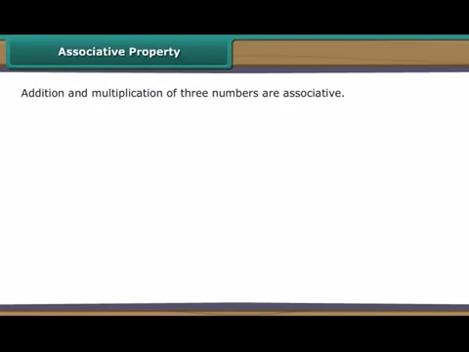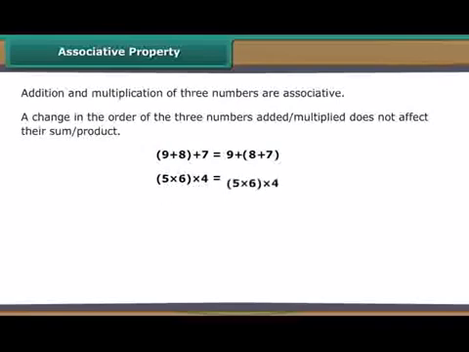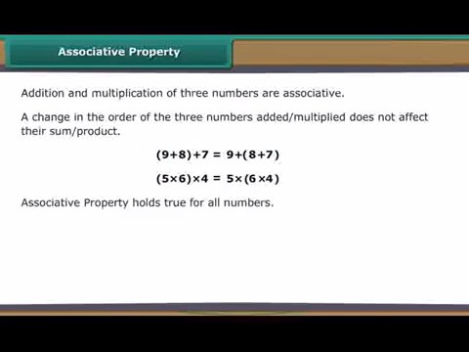In other words, a change in the grouping of the three numbers added or multiplied does not affect their sum or product. 9 plus 8 in brackets plus 7 is the same as 9 plus 8 plus 7 in brackets. 5 into 6 in brackets into 4 is the same as 5 into 6 into 4 in brackets. Associative property holds true for all numbers.